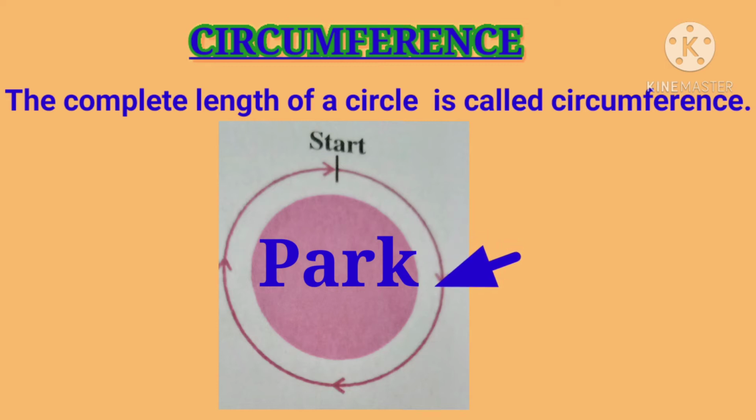Students, what do you call the distance covered by the boy? It is the total length of the boundary of the circular park and is called the circumference of the park. So, the complete length of a circle is called its circumference. Circumference is also called the perimeter of a circle.